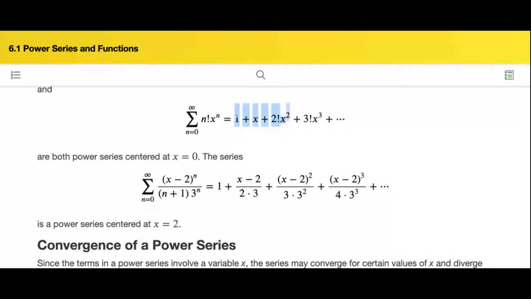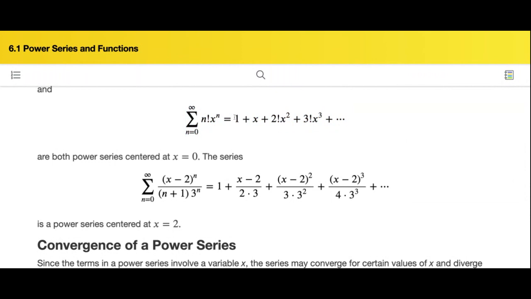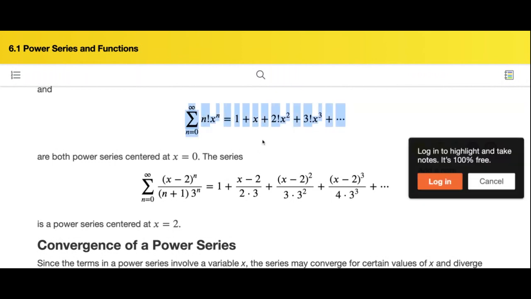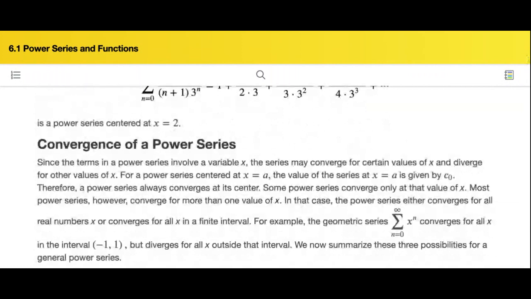Similarly for this one, if x equals 0, this is centered at 0, all the terms involving x become 0, so we are only left with a constant term. So for a power series centered at x equals a, the value of the series at a is given by C0, the constant term.